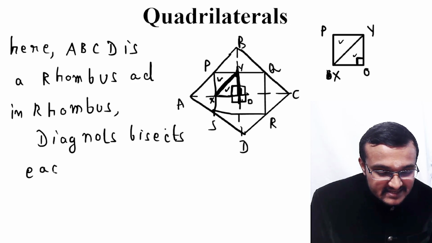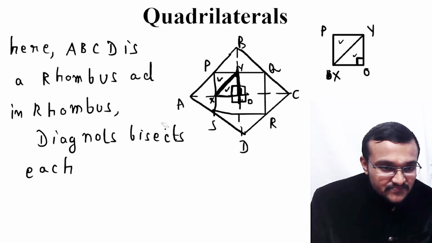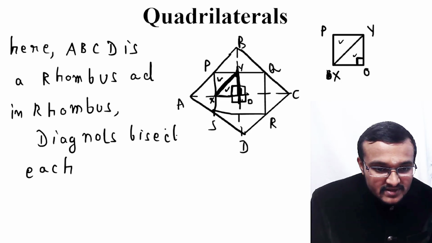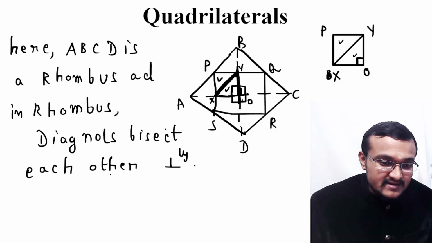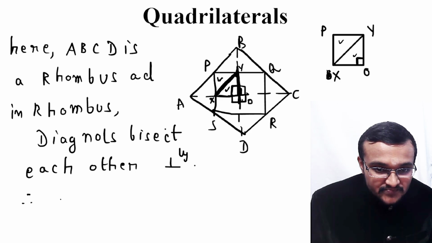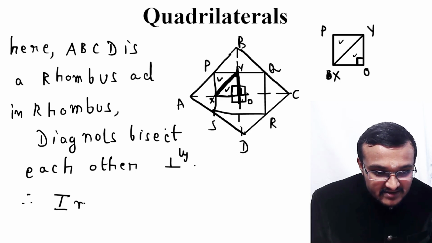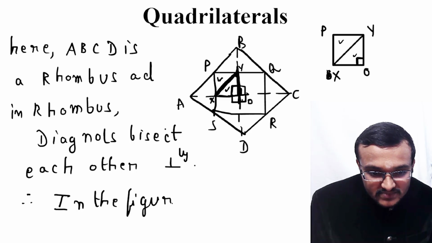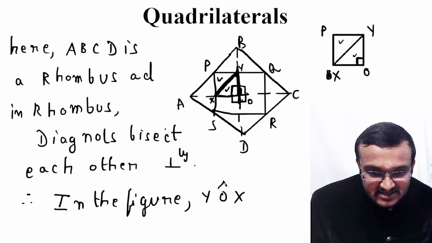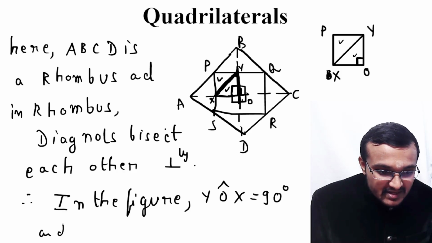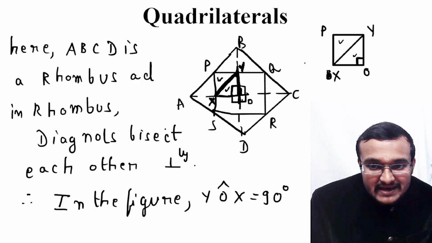So therefore, in the figure, YOX is equal to 90 degree, and PY will be parallel to XO.